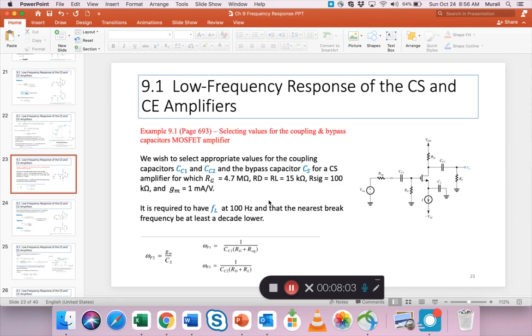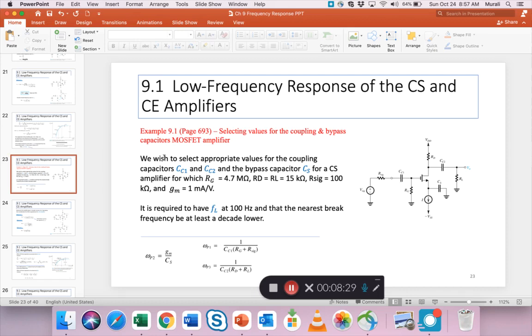Let's move on to example 9.1 from our textbook. This is the first numerical we are doing. This relates to a CS amplifier, and as shown in the circuit drawing here, we have 3 capacitors and of course an NMOS device.